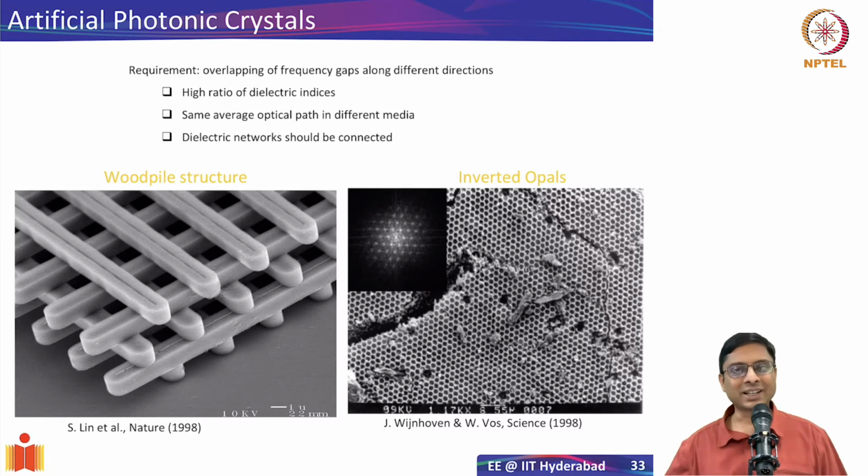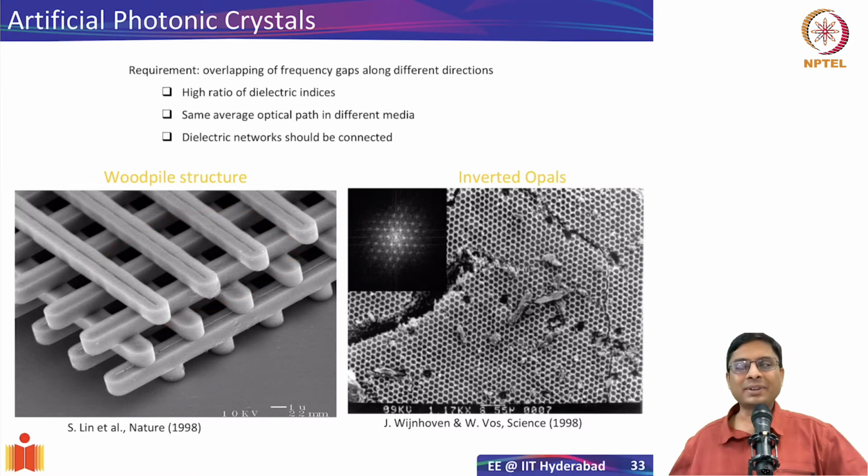Some of the examples: it took some time for people to understand how to do it, but one of the more convenient ways, especially I think for near IR, was the famous Woodpile structure, wherein you had silicon strips arranged so that every alternating layer had perpendicular orientation of the strips, and every 2 layers were displaced by half a period. And then they made a photonic crystal out of it.